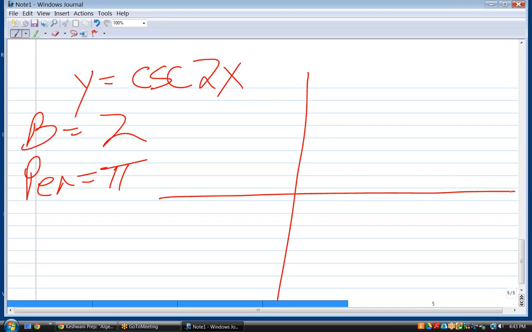Okay. Cosecant sits on top of the sine curve, so it sits next to the y-axis, not straddling it. In other words, it's going to be here. Let's draw our asymptotes. In other words, one asymptote goes through there, the other asymptote goes through there. What's this point right here?